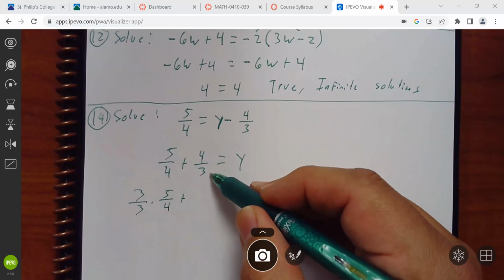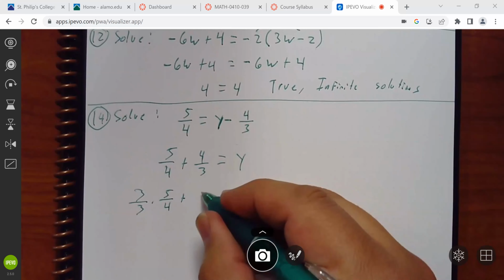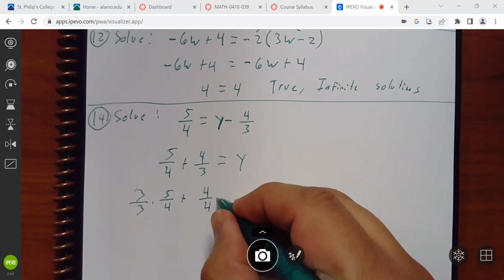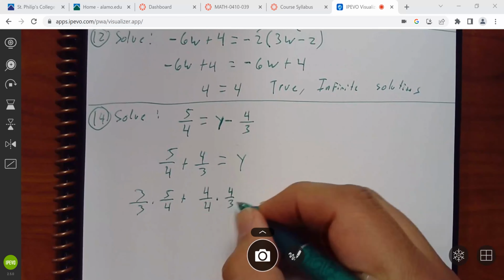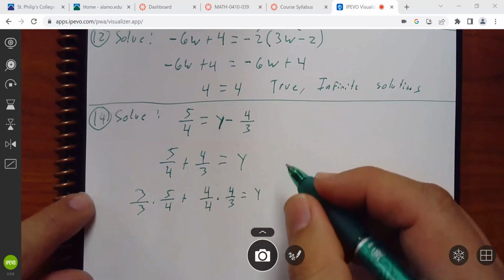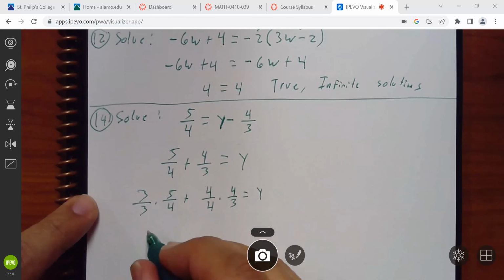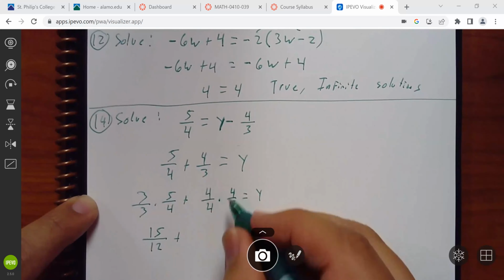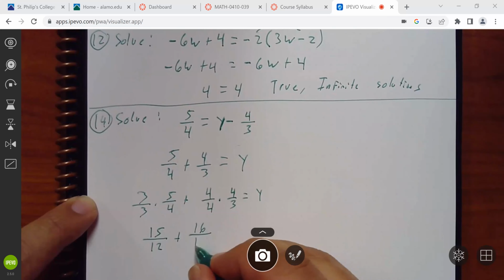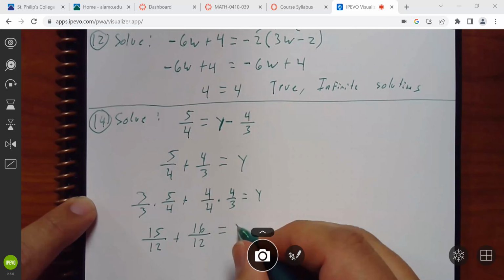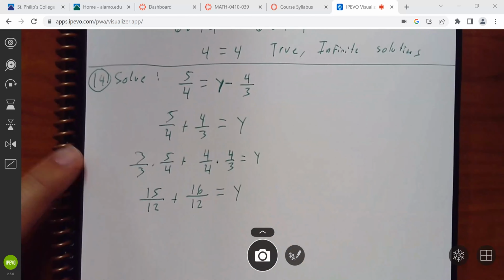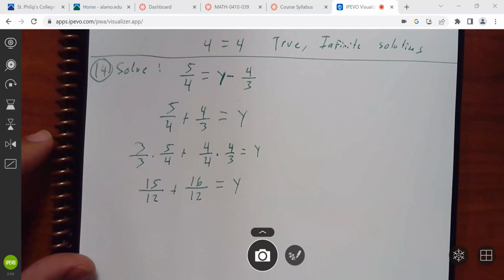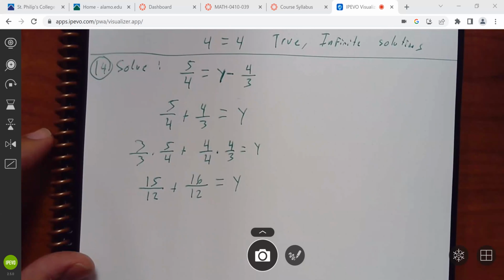Do I change the 3 to a 12? Three times 5. Oops. 4 times 4. Fifteen plus 16.